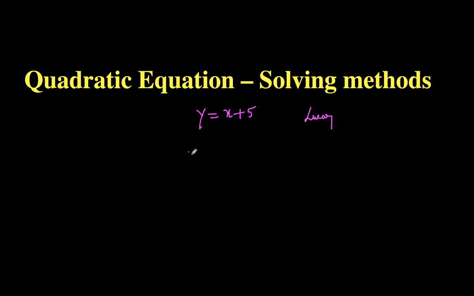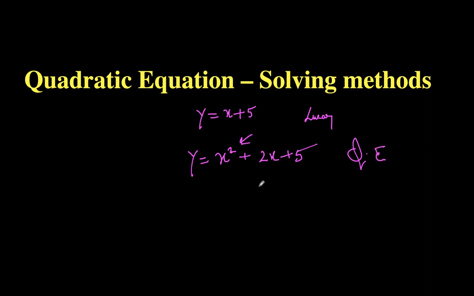Okay, but when you get something like x square plus 2x plus 5, here the maximum power of x is 2. So this is your quadratic equation.